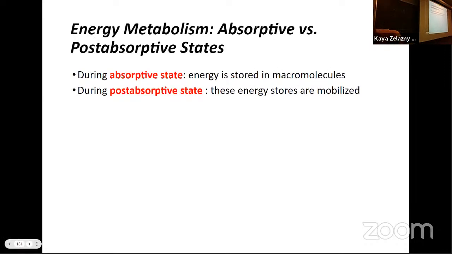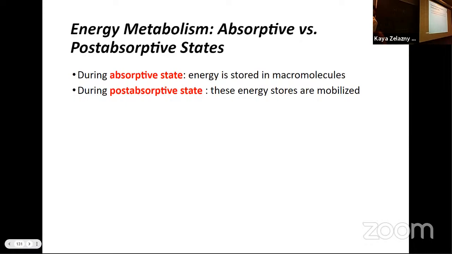Right. So another compare and contrast, right? Is our absorptive state versus our post-absorptive state. What we're really focusing on here is basically what's happening in the short time after you eat a meal versus way later when you haven't eaten for a while.